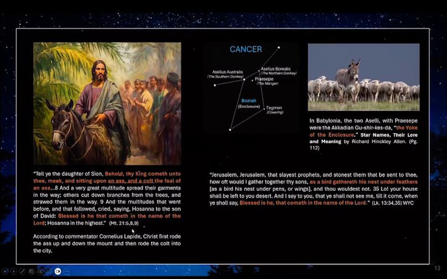That would make sense. And then we read, Jerusalem, Jerusalem, that slayeth the prophets and stones them that are sent to you. How often would I have gathered thy sons together as a bird gathers his nest under his feathers. Right here. This gathering together, this assembly, this enclosure, his sheepfold. How often does he want to do this?